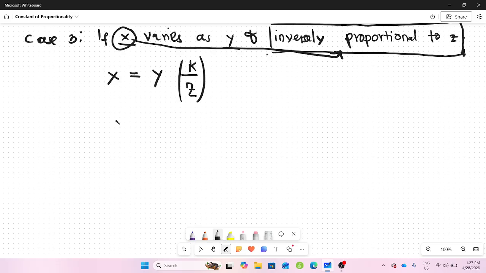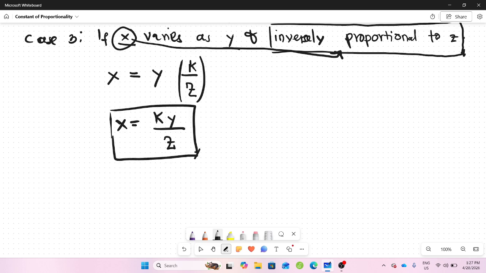So our final equation should look like y k, or k y over z. So that's the meaning of that statement: x varies as y, as well as x is inversely proportional to z.